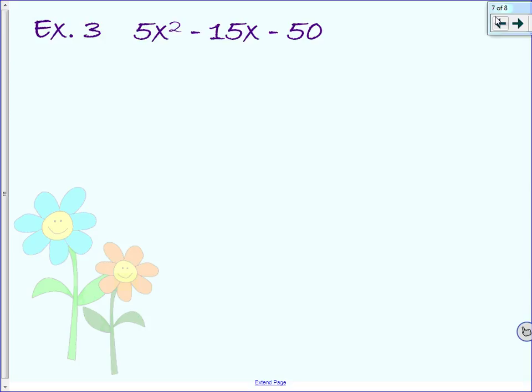So Isabel, is there anything I can take out? Yeah, 5, okay. And what do I get when I take a 5 out? 5 times x squared minus 3x minus. Okay, questions on this? So not all the terms have x's.